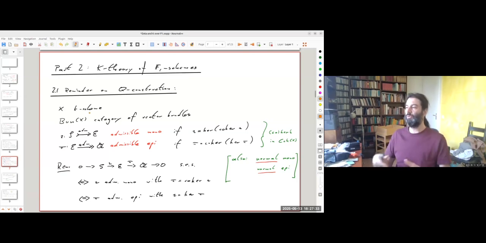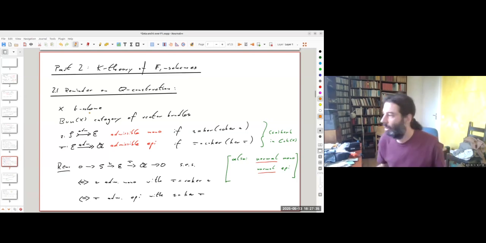And we know this category of vector bundles with, I mean, nowadays I think we would say model structure, but originally it was said this is a class of admissible monomorphisms and admissible epimorphisms, which are also in the categorical sense called normal monos and epis. So a monomorphism of vector bundles S to E is admissible if it's a kernel of its co-kernel.